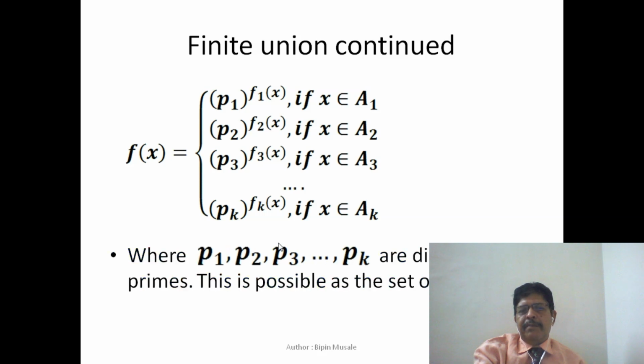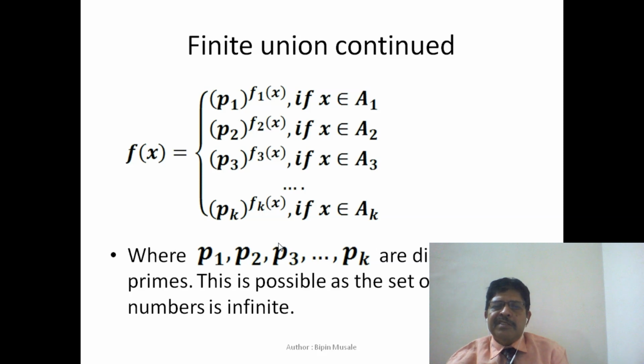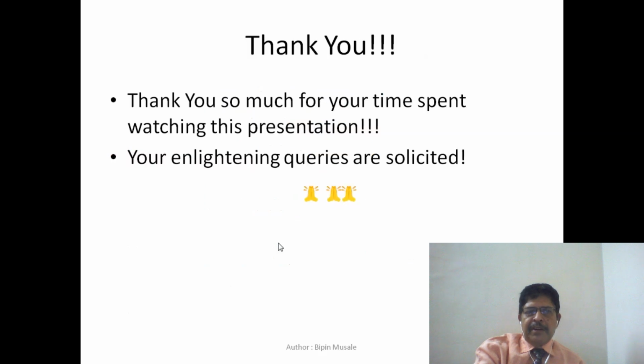These are distinct prime numbers, and it is always possible to choose finitely many distinct prime numbers, because by the basic result in number theory, the set of prime numbers is infinite. So this function is well defined, no problem in defining this type of function. And using the earlier technique, we can prove that this function is also an injective function.